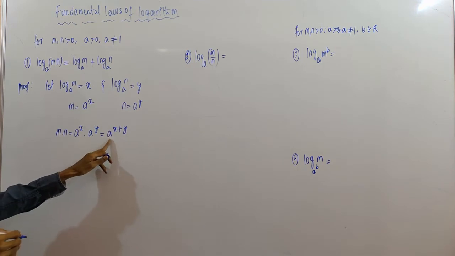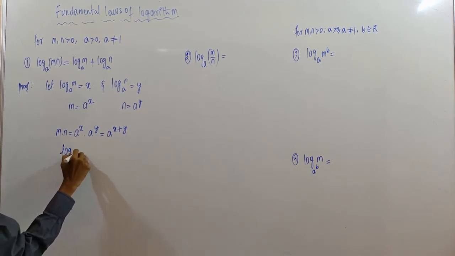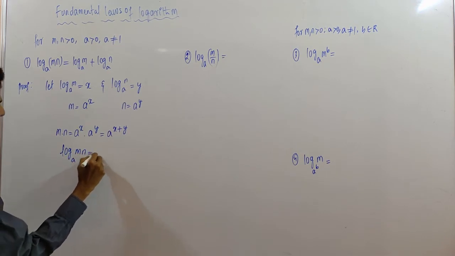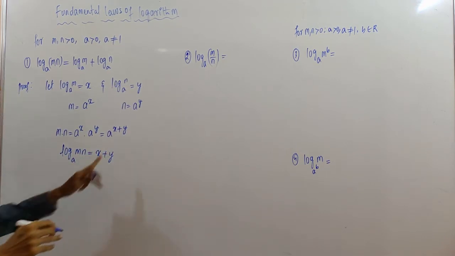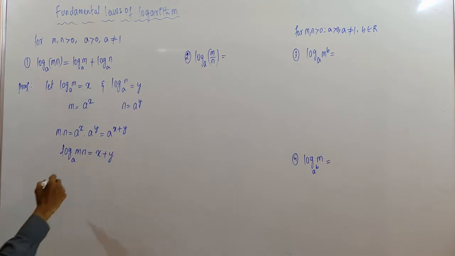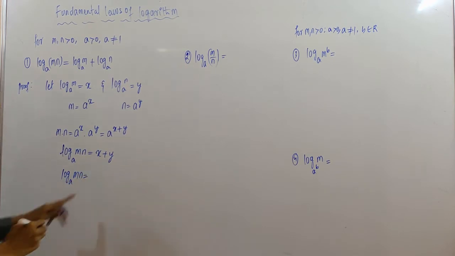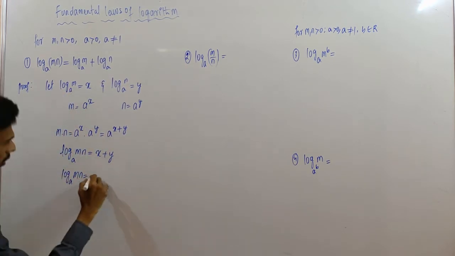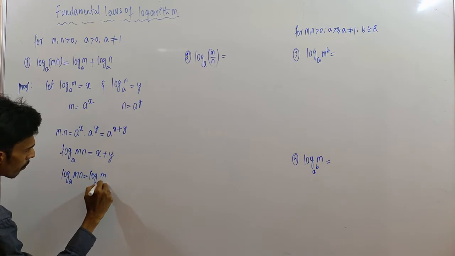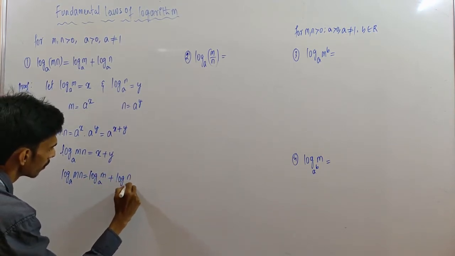Now again, if we send this a to that side, it will become log mn base a is equal to x plus y. Now log a mn is equal to, x value we have taken as log m base a, y value as log n base a.